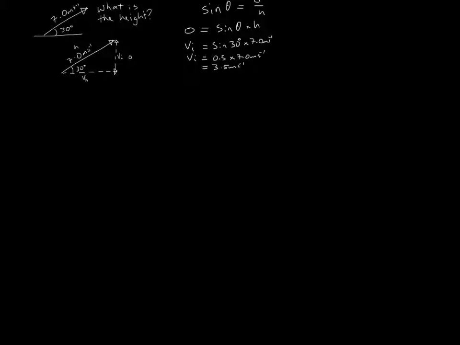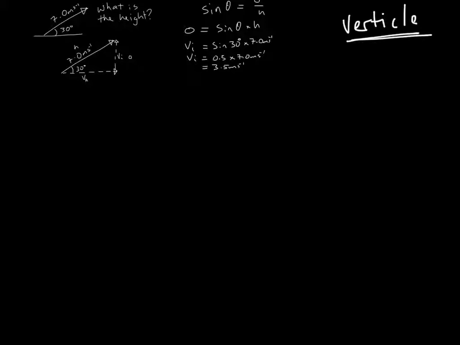So if we were to write down what our vertical components were, now I don't think I've spelled vertical right, but no worries. What I mean by vertical here is all of the quantities that relate to the vertical motion of this projectile.